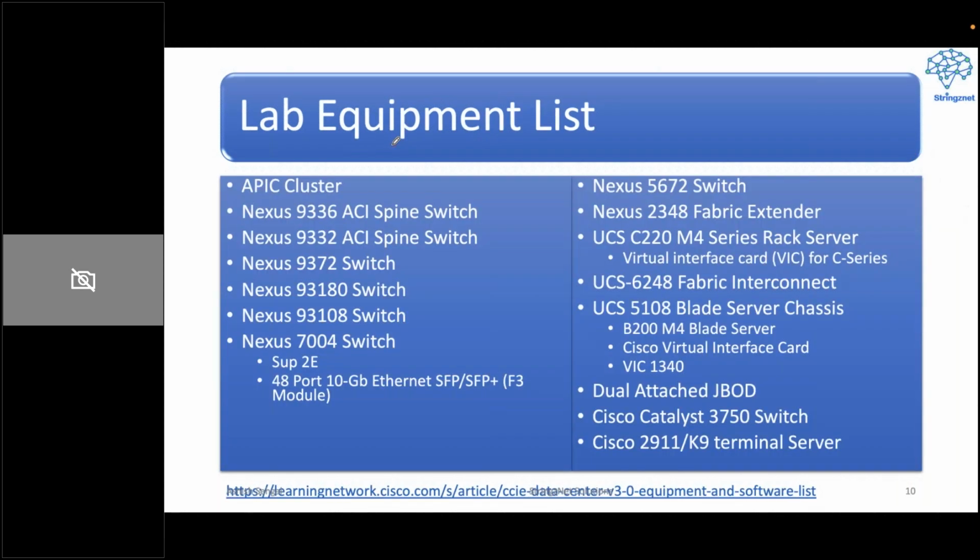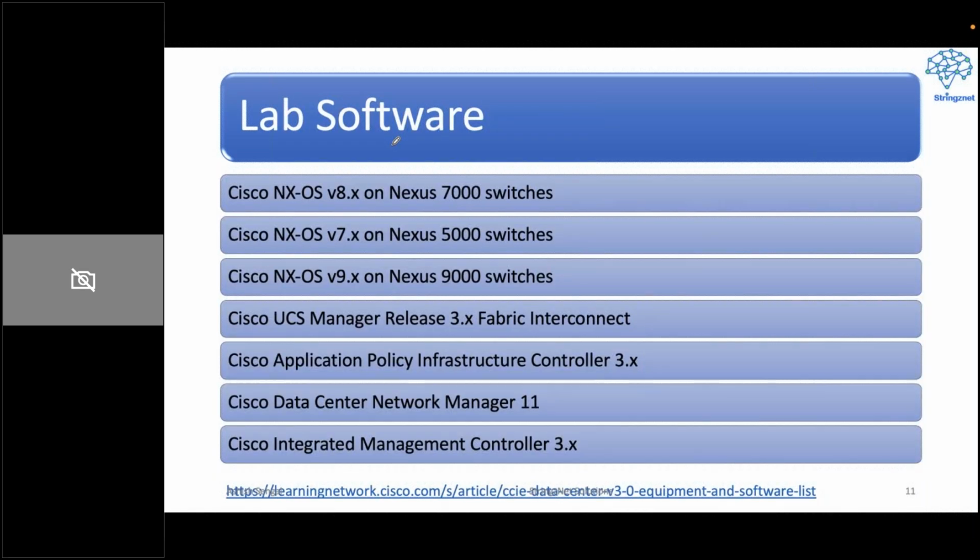Lab equipment required: I have a list of lab equipment. These are the equipment expected to be in your exam lab, and the different software versions for our Nexus 7000, 5000, 9000, 3000. We have our APIC controller. I'm sorry, this is an obsolete version. The current version of the APIC controller is 5.2, but in the lab examination you are going to get version 4.2.